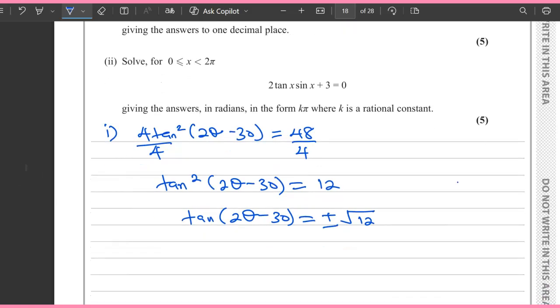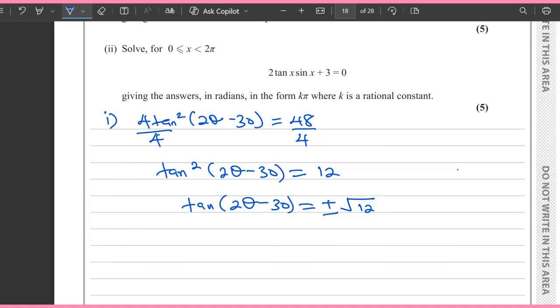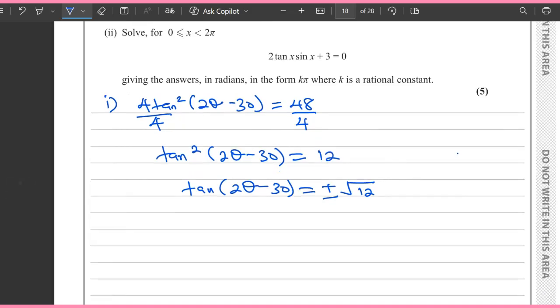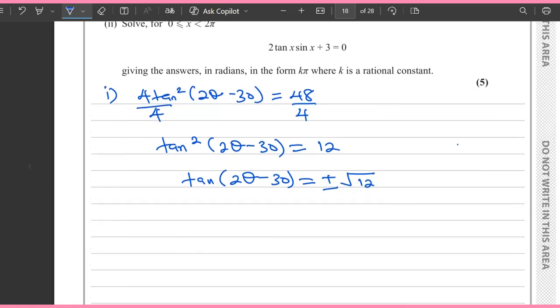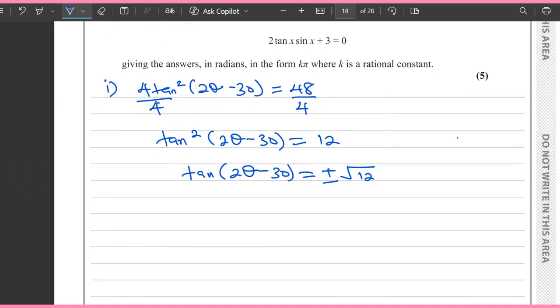Now we can get the basic angle to use, but in this case we are going to look at the two options for positive root 12 and also negative root 12. If we start with the first one, we'll have tan of (2 theta minus 30) equals positive root 12. We can get the basic angle in this case by getting the tan inverse of root 12.